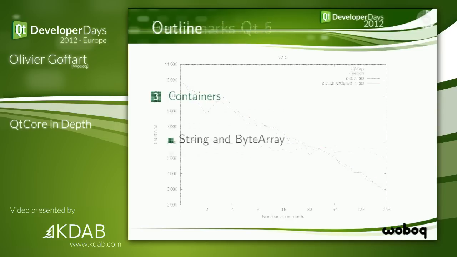Let's talk a bit about QString and QByteArray. I don't want to go too much into the detail. What I want to say is that in Qt 5 we shared the implementation between QString, QByteArray, and QVector. We have this new class QArrayData. It's just internal implementation because QString is just a vector of QChar and QByteArray is just a vector of char, and then most of the logic behind is the same, just with different types.